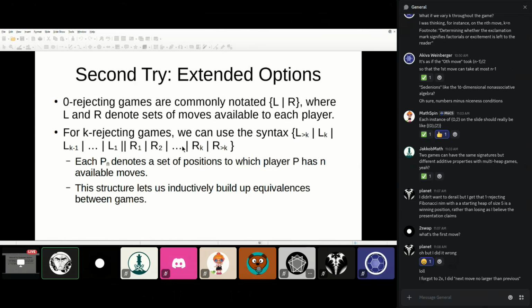And similarly, even if K is 2 or 3 or 5 or 10, if every step of the game tree only has moves in these two bins, you can play that like a one rejecting game. At least I think. I'm pretty sure that's true. But we have this kind of nested structure that lets us talk about all of them.